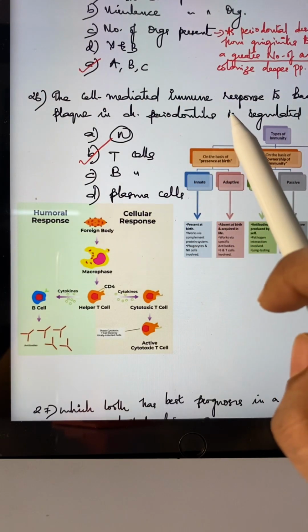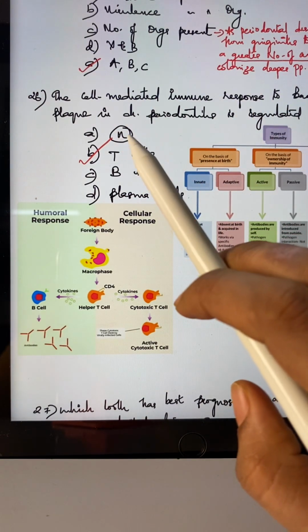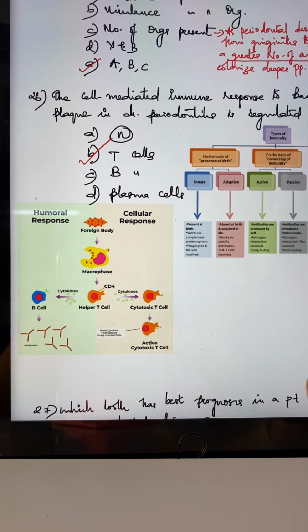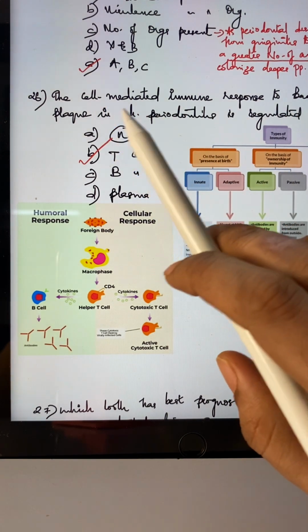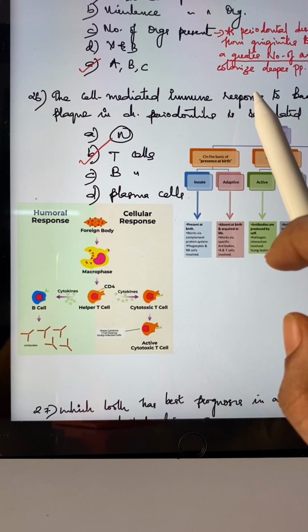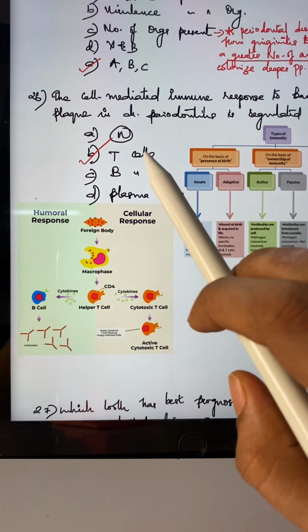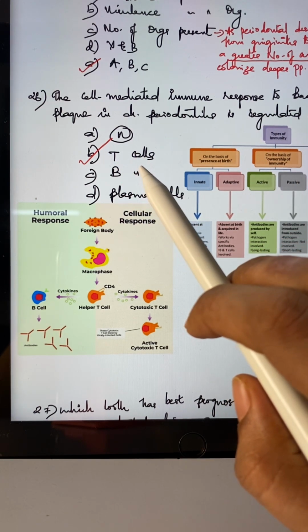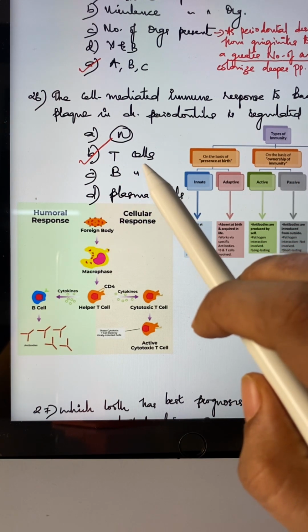Then, the cell-mediated immune response to bacterial plaque in chronic periodontitis is regulated by, by hearing the cell-mediated immune response, it is due to the T cells, whereas the B cells help in the humoral responses.